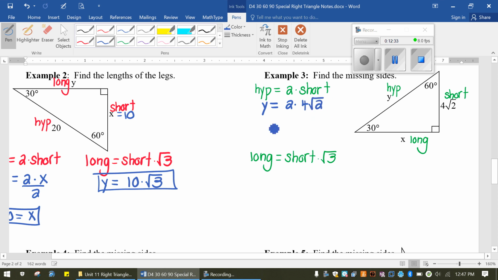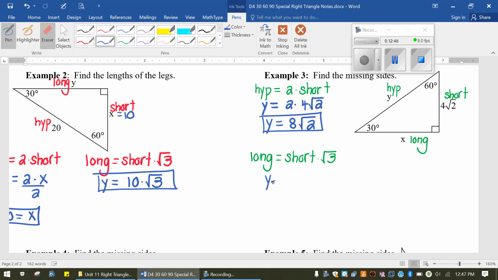We just have to do a little bit of simplification here. You're going to multiply the 2 times the 4 to make it 8 root 2. That's it. It's your hypotenuse. And then our long leg is x. X equals your short leg, 4 root 2, times root 3.